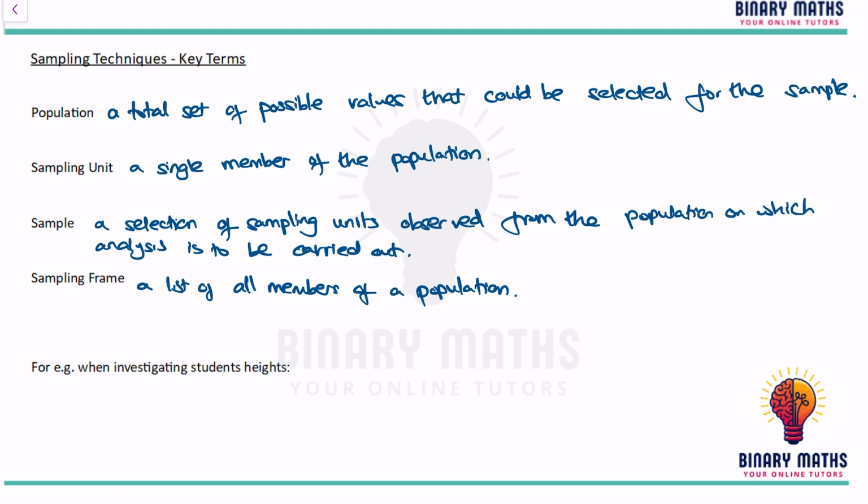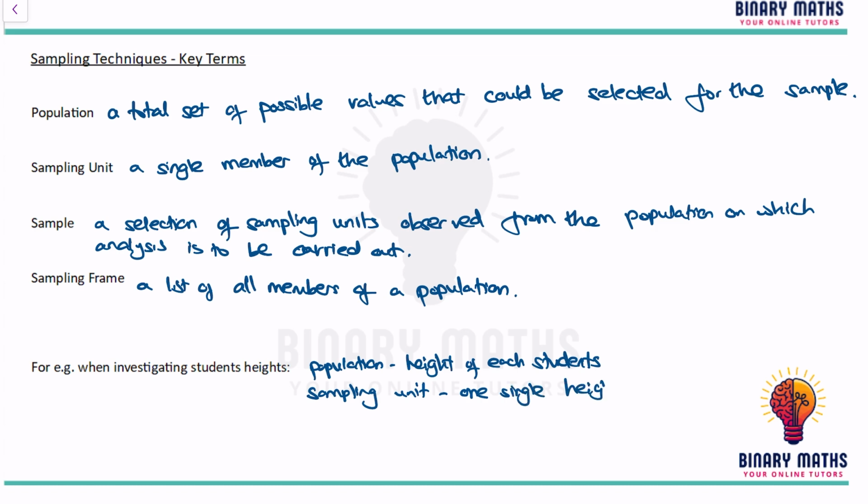For example, when investigating student heights, the population is the height of each student. So it's not the students themselves, but the height of each student. The sampling unit is one single height from one student.